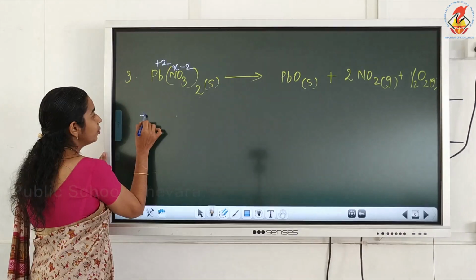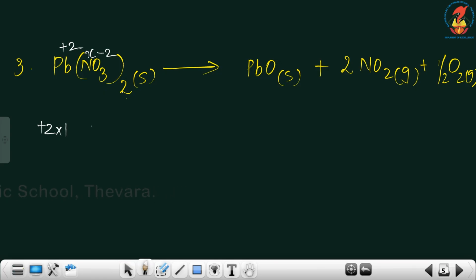Lead is +2 into 1, plus nitrogen's oxidation state X into 2, because this 2 is common for nitrogen and oxygen, so 2X, plus -2 into 3, which is -6, into 2, which is -12, equal to 0.